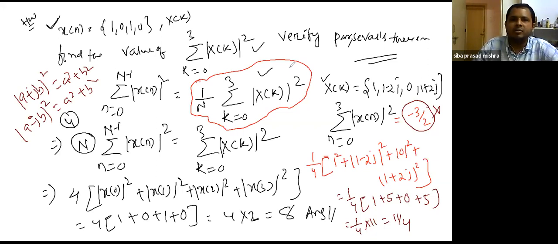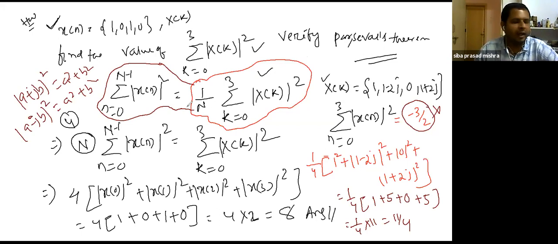Simple formula. Okay, this is the formula for Parseval's theorem. Here I gave only x[n]. In some questions we will get two sequences, x1[n] and x2[n]. Clear? Okay. Now go to the next.